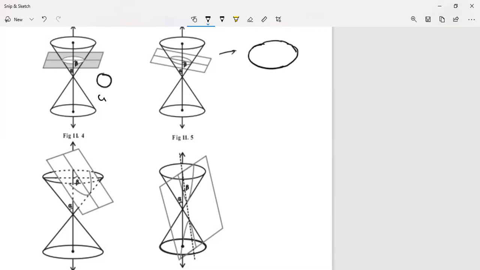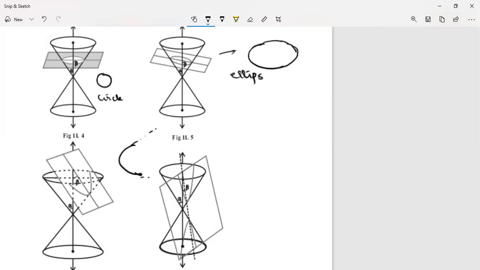This is a circle, and in this case we get an ellipse. In this case, we are getting a figure like this, which is called a parabola. It will never end at any point. It will go to infinity like this.